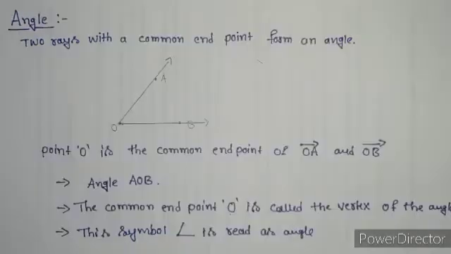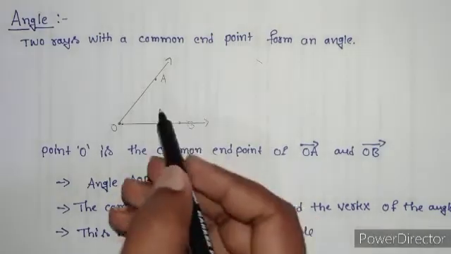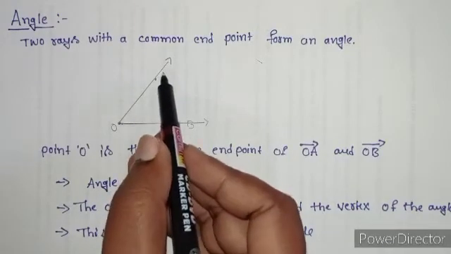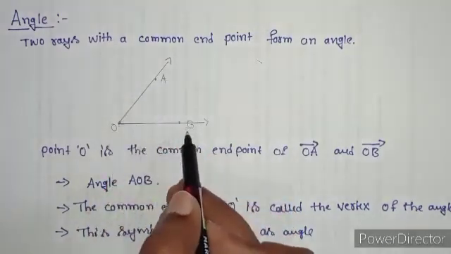For the naming of an angle, an angle can be named in different ways. We can name an angle by using any three letters of the English alphabet. All of you see here in this picture, for example, AOB is the angle.